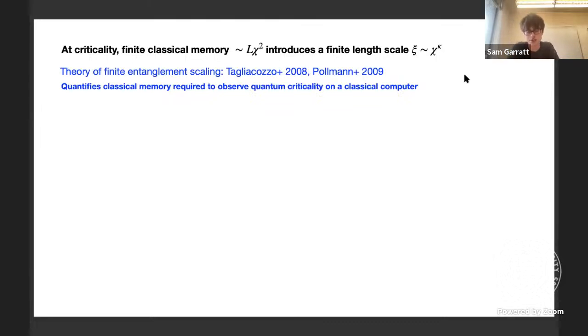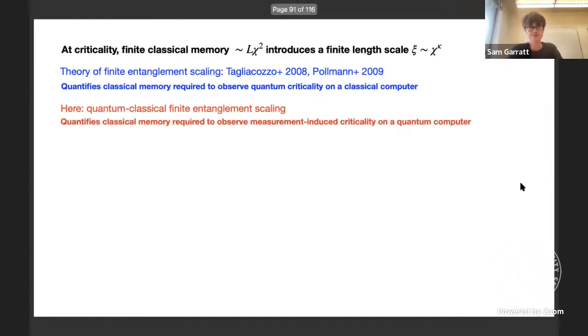What this theory described is the classical memory that was required to study ordinary quantum criticality on a classical computer. Basically, it describes how much memory you need to represent a critical state in a finite size system. This theory tells you that if you have some finite bond dimension, this should introduce some length scale that is a power of that bond dimension.